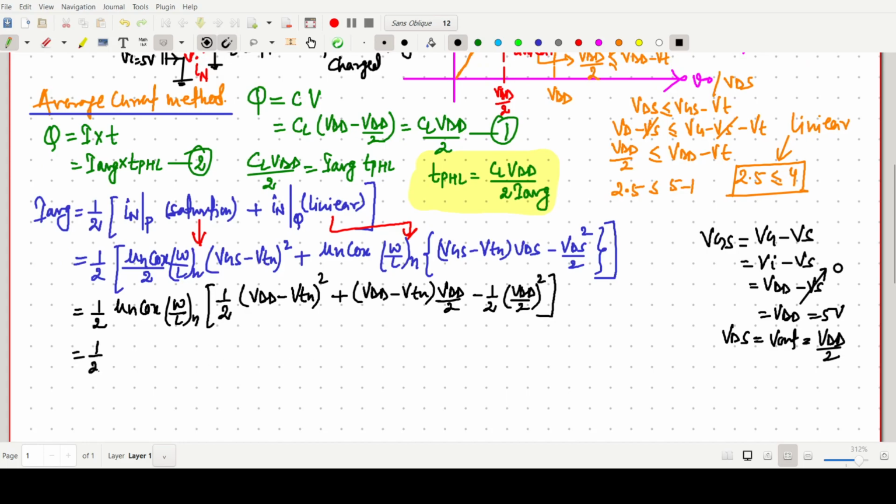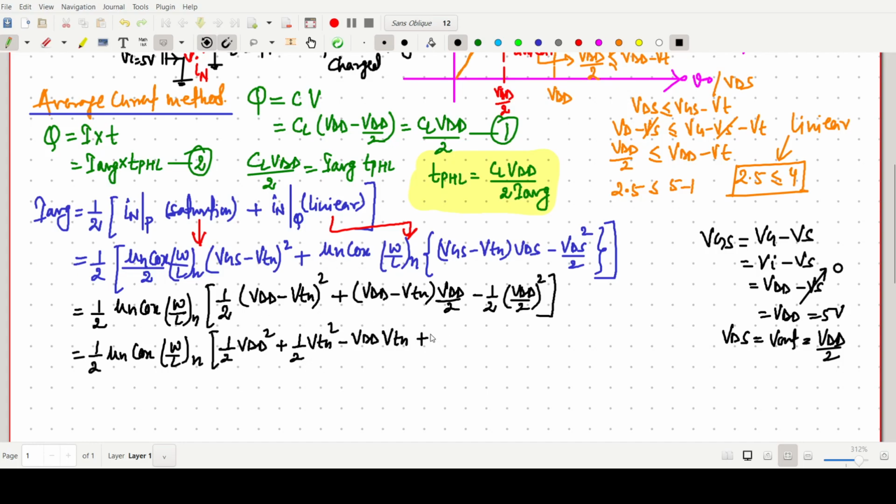So better to write 1 by 2 mu n cox w by l of n, then 1 by 2. So I am solving 1 by 2 VDD square plus 1 by 2 VTN square, a square plus b square minus 2ab. So the 2 cancels, minus VDD into VTN. We are just solving this one.